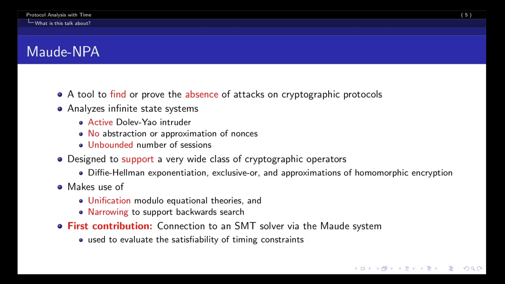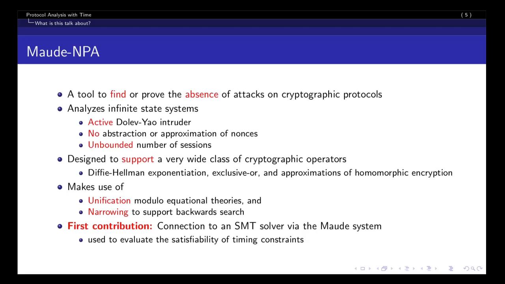It's a tool to find or prove the absence of attacks in cryptographic protocols. It analyzes infinite state systems, has no abstraction or approximation of nonces, and has an unbounded number of sessions. Maude-NPA was designed to support a very wide class of cryptographic protocols.